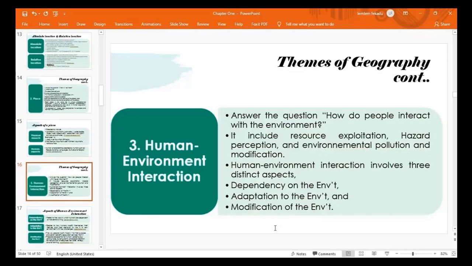Generally, human environmental interaction includes resource exploitation because humans are dependent on the environment to live. So humans are dependent on natural resources. That's why it includes resource exploitation.